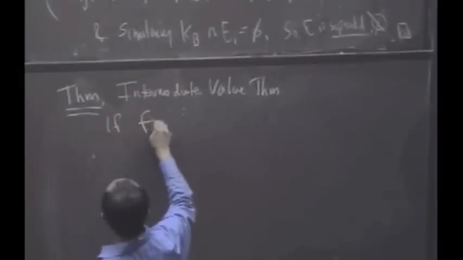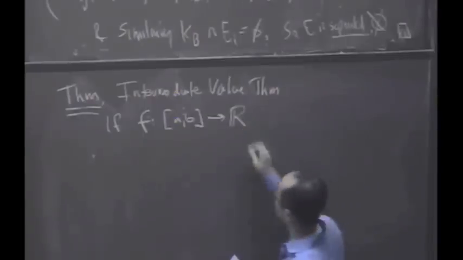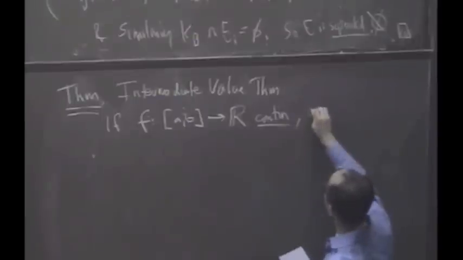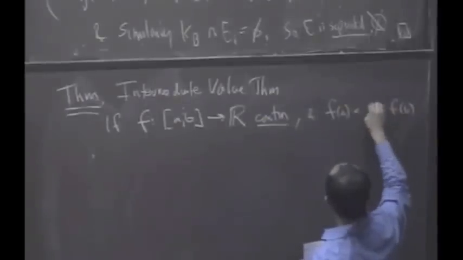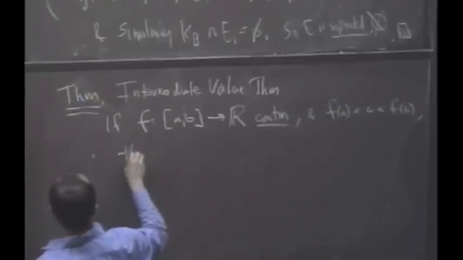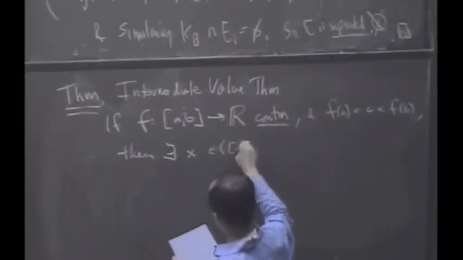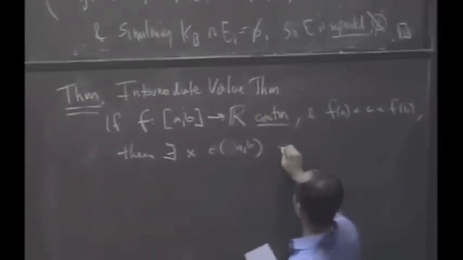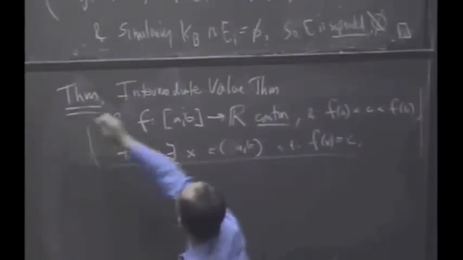It says if you're dealing with a function on the interval [a,b] going into R that's continuous, and let's suppose C lives between f(a) and f(b), then I claim there exists an x in open (a,b), in fact, such that f(x) equals c. That's the intermediate value theorem.